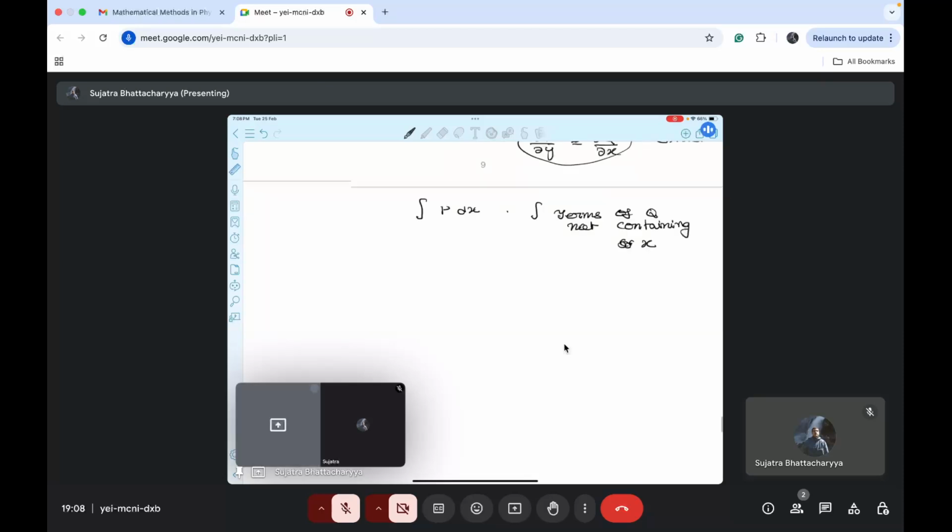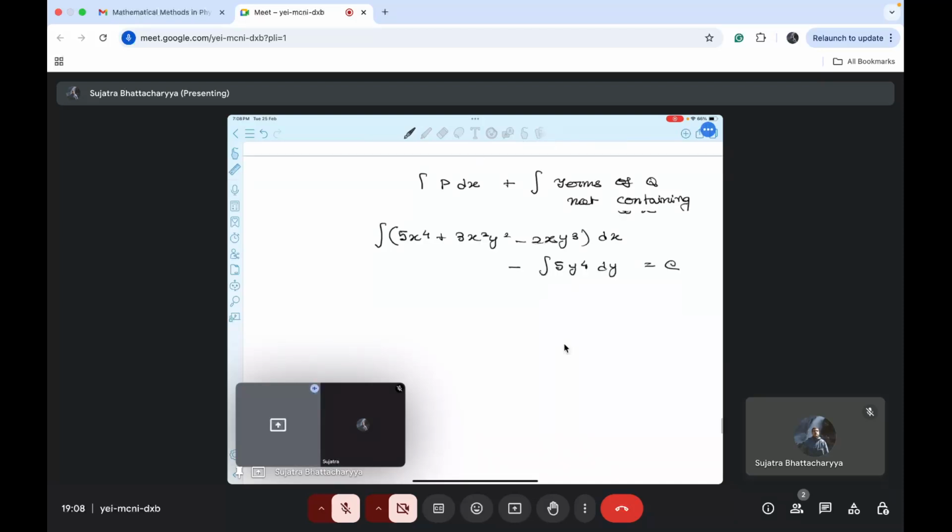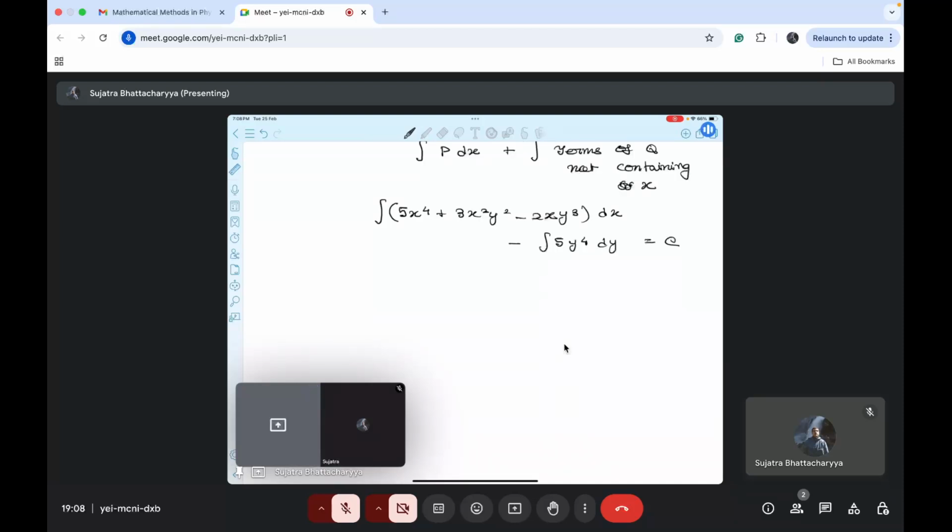So p dx, so you have 5x4 plus 3x square y square minus 2xy cube dx minus 5y to the power 4 dy is equal to c. Because this is the only term which is not containing x, we can use this.